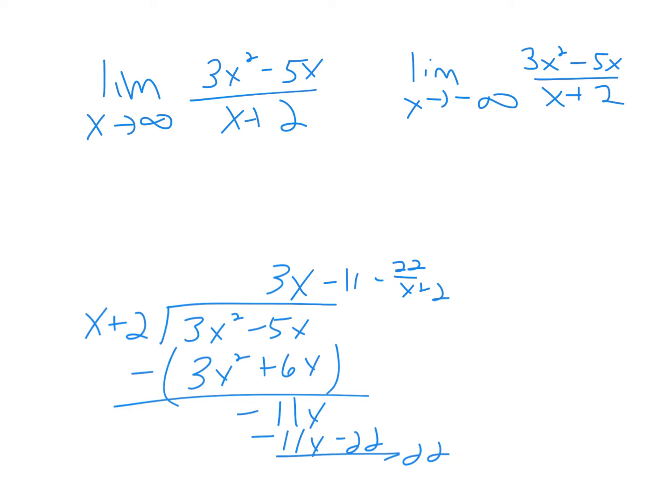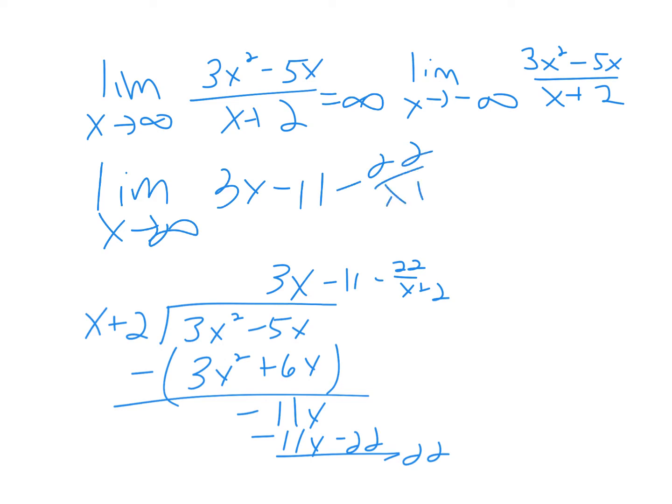Because as x increases, this is a positive slope. As x increases, the output increases. So therefore, when it goes to infinity, your answer is infinity, right? For this new function, the limit as x approaches infinity of 3x minus 11 minus 22 over x plus 2, as that goes to infinity, your answer is also infinity.